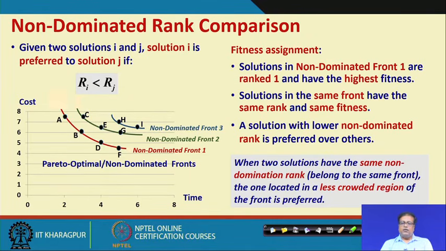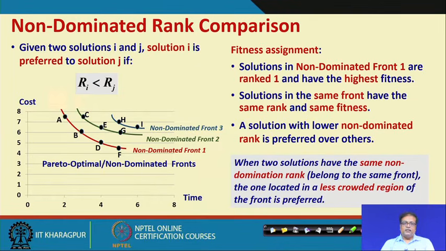Solutions in the same front have the same rank and same fitness, and a solution with lower non-dominated rank is preferred over others. When two solutions have the same non-dominated rank, that is, belong to the same front, the one located in a less crowded region of the front is preferred.